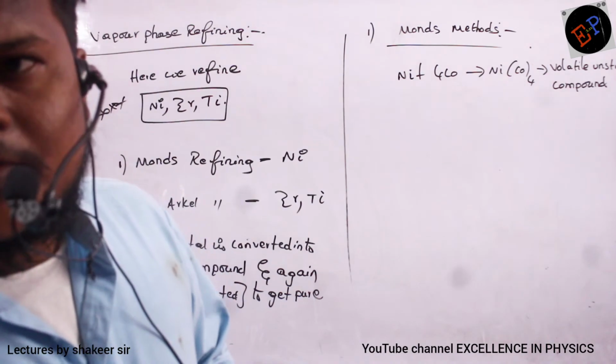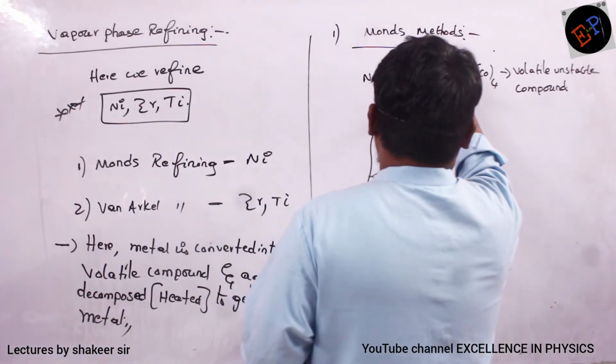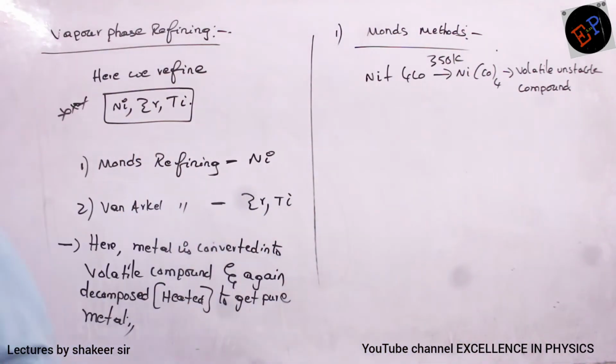And here the temperature which we have to supply is 350 Kelvin. Are you able to understand? Let us see whether it is Kelvin or degree Celsius, I forgot. Kelvin only.